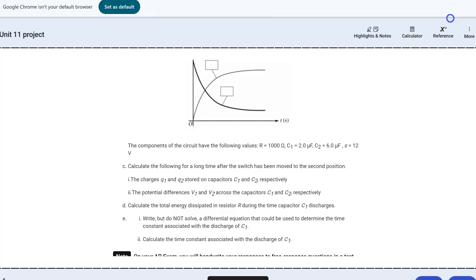C. 2 parts. Calculate the following charges. Okay. Well, we know Q total.